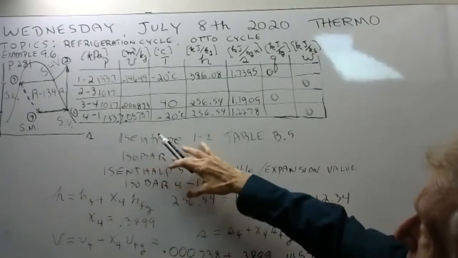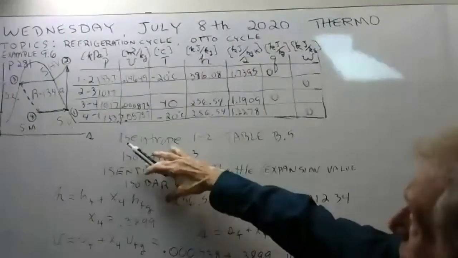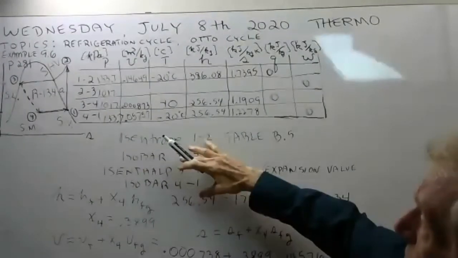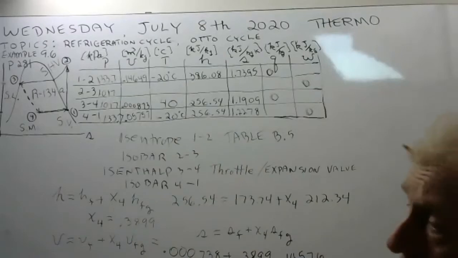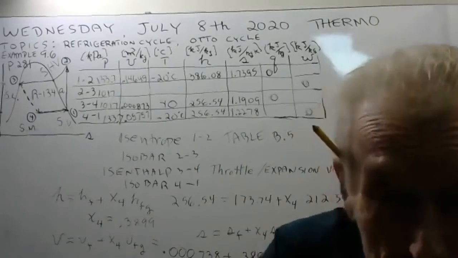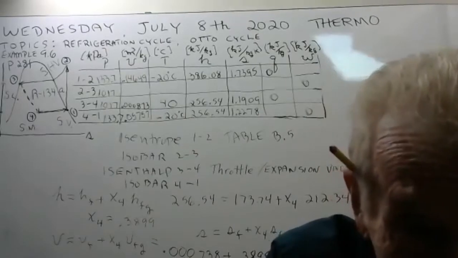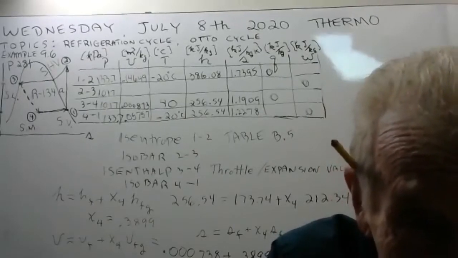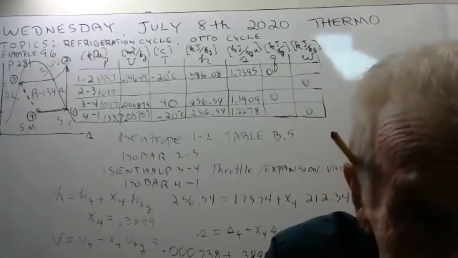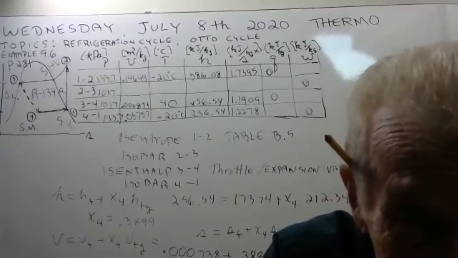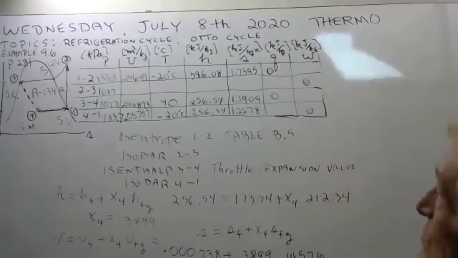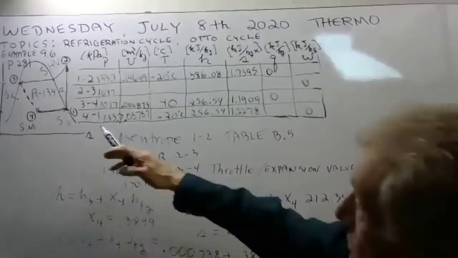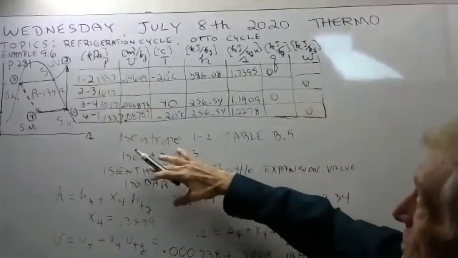See, from 1 to 2 is an isentrope. So we know something at state 2. What do we know? Here, let me go to one of my wonderful students here. Back to Stuart. I'm always picking on Stuart. Stuart, from 1 to 2 is an isentrope.